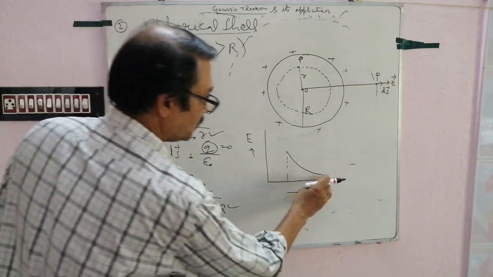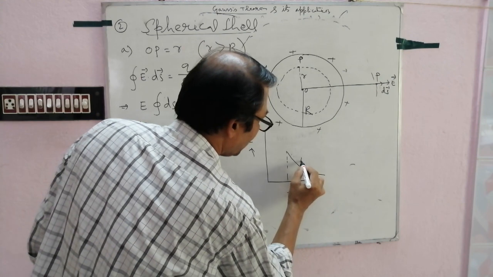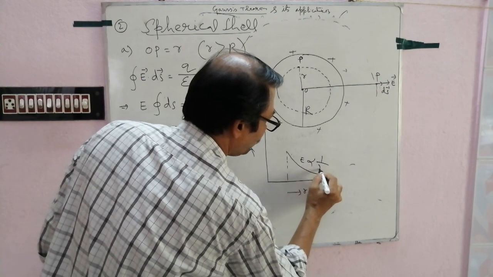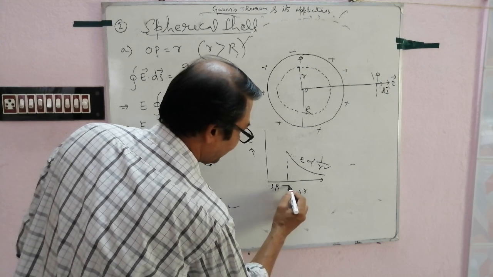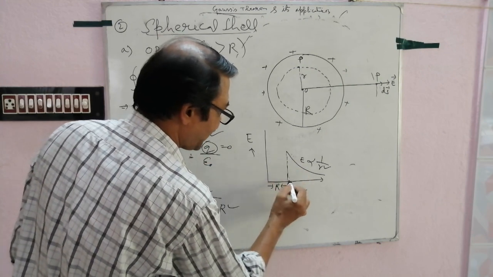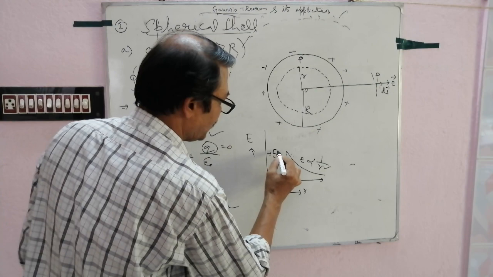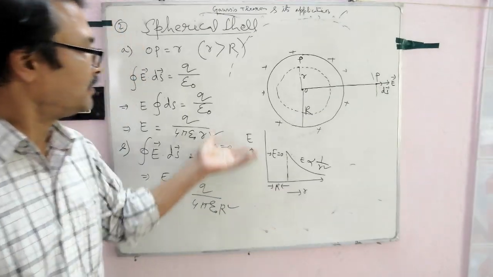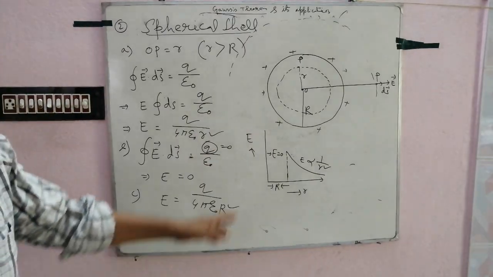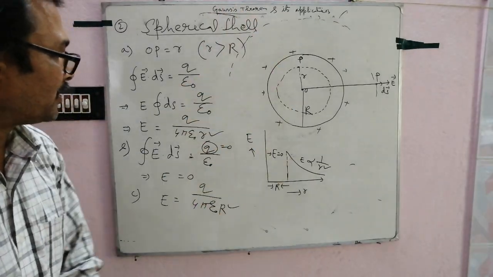In this portion E is proportional to 1 by r square, and at the surface, capital R, it is maximum, and inside it is 0. So this is the E versus r. This is the nature of the graph of a spherical cell.